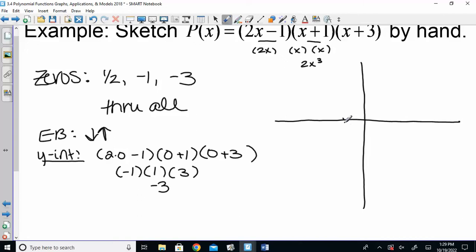My zeros are my x-intercepts. So I need to hit my x-axis at negative 3, negative 1, and positive 1/2. My y-intercept is negative 3, so I will hit my y-axis at negative 3. And then the end behavior.